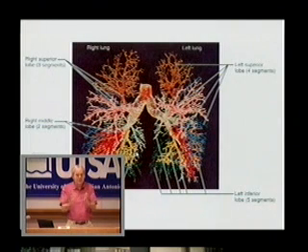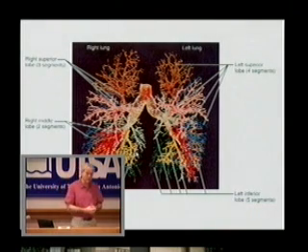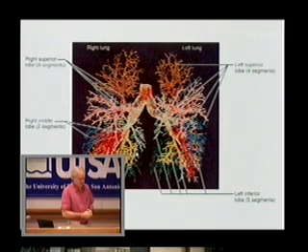So they can be separated and pulled out just as a segment, and the rest of the lobe can remain. As well, of course, the lobes can be removed if necessary.